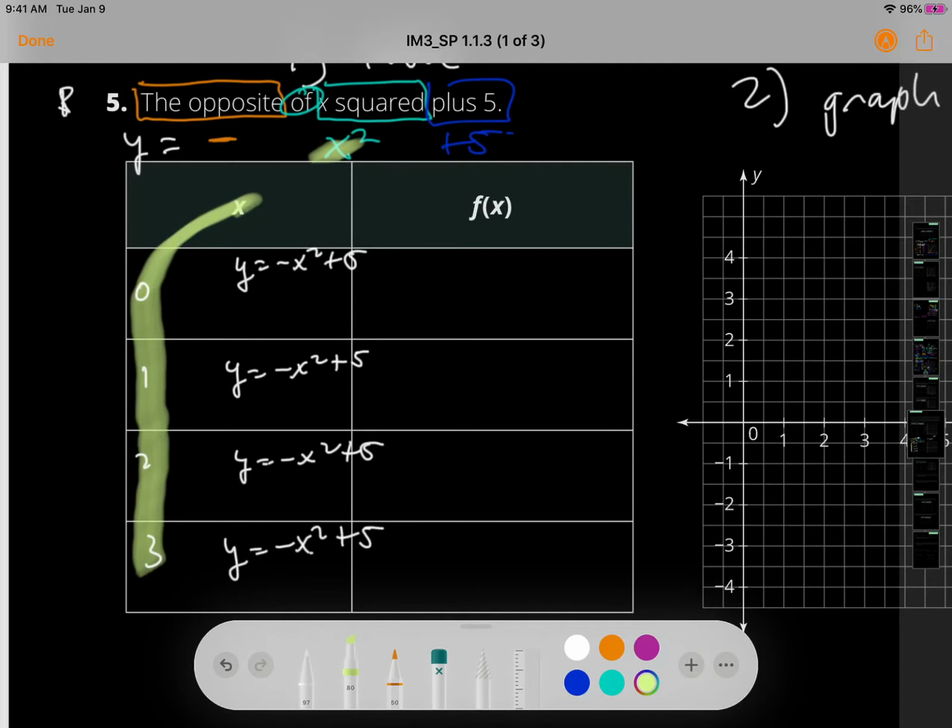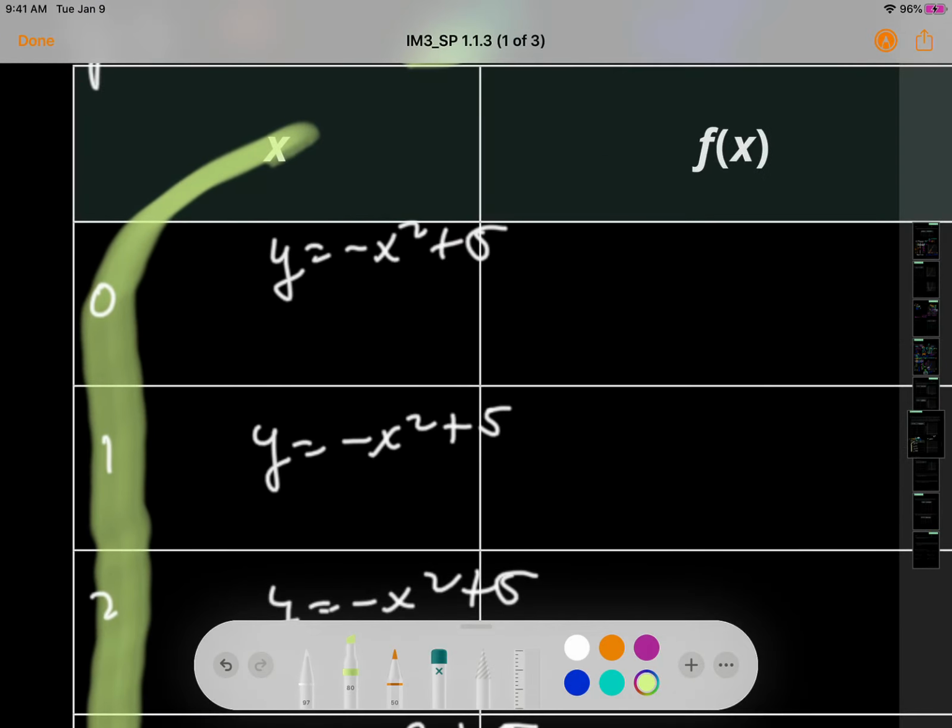Okay, we just said, in this case, your x value is going to be 0. So let's write that. Y equals negative, put in a 0, you're going to square it and add 5. Okay, so here I'm going to use my order of operations, PEMDAS. So I'm going to use exponents first.